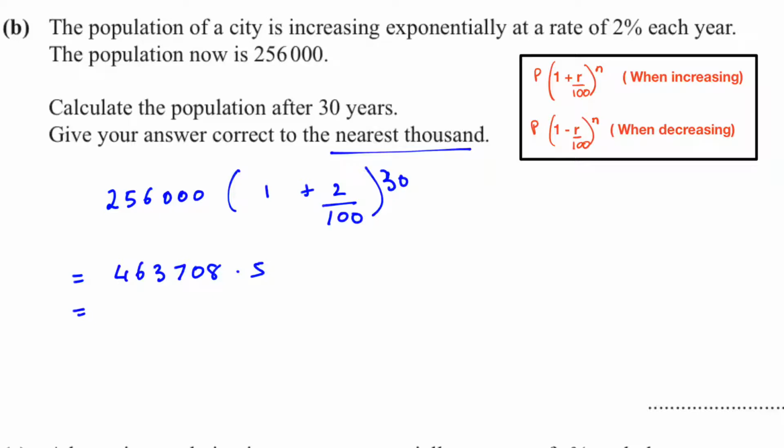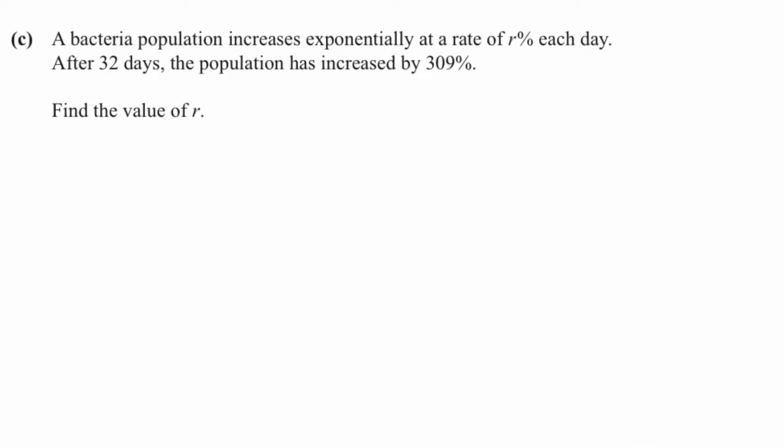But we have to round it to the nearest 1,000. Nearest 1,000 is 3. The number after it is 7. So if you have a number 5 or above and you want to round it, you will add 1. So 464,000 is your answer.